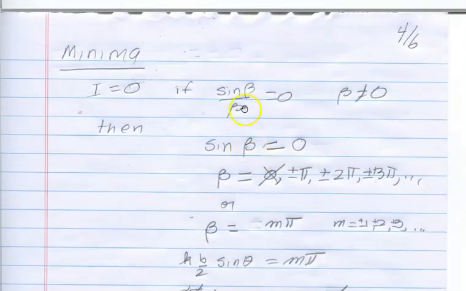But that occurs when sine beta over beta is 0. Now I know that for beta equal to 0, this is not 0. It's in fact 1. So that would give us an intensity of I naught. And so the minima are really here.